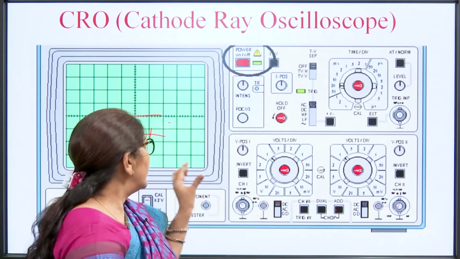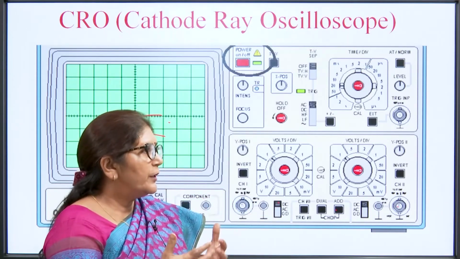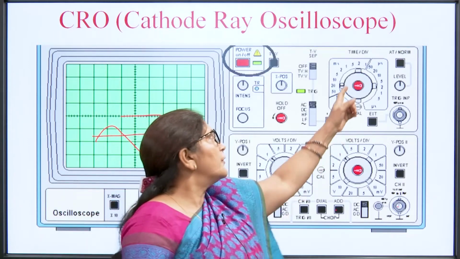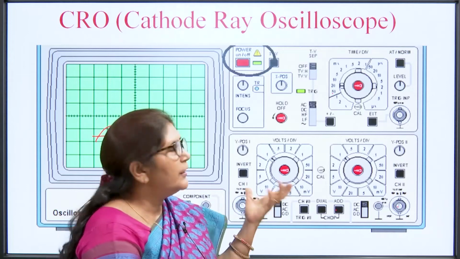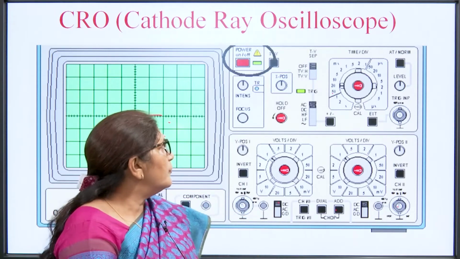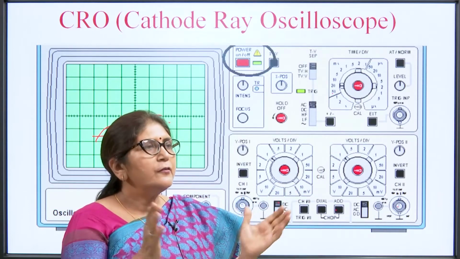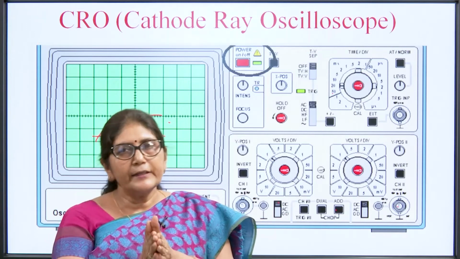Suppose a signal has very high frequency, then the time period is less, so we have to increase the time period. So, we will put our knob at 50 millisecond per division. By varying this we can compress or enhance our signal to see the signal characteristics.